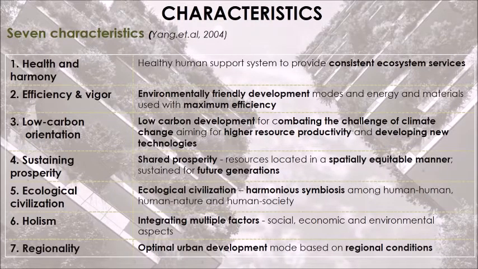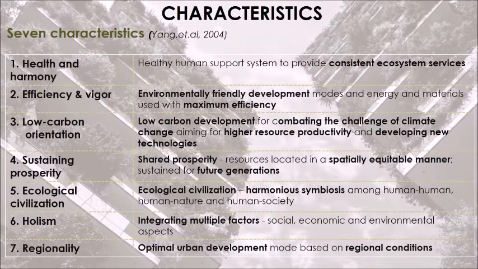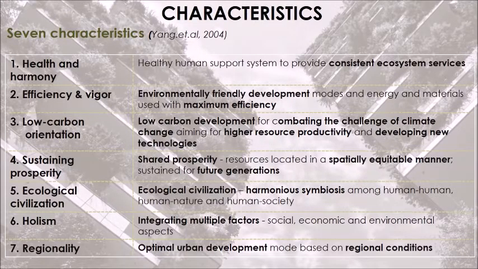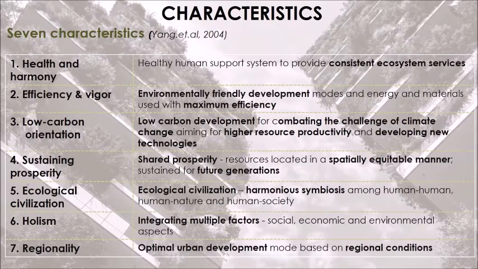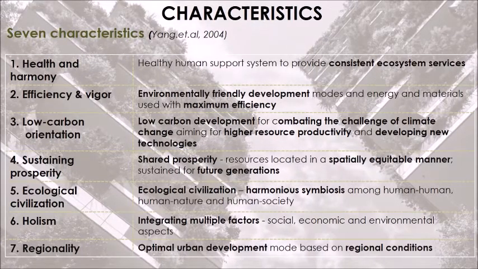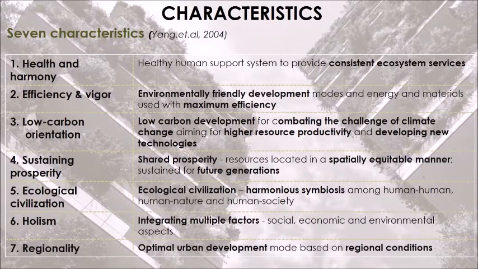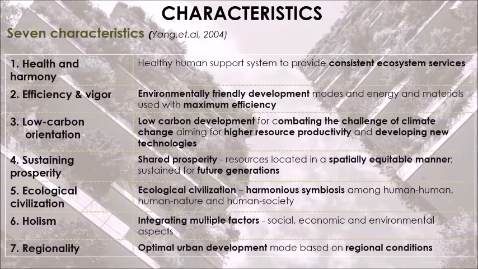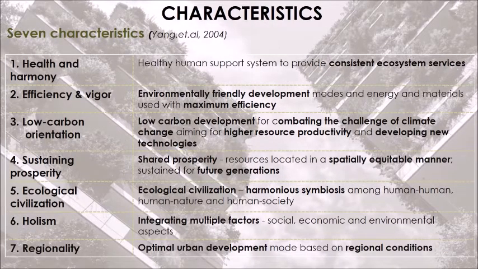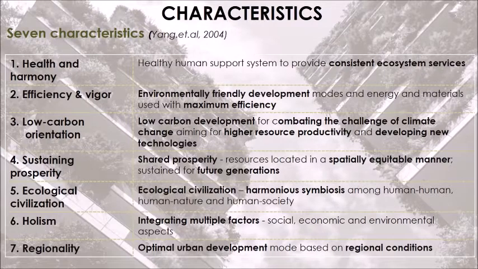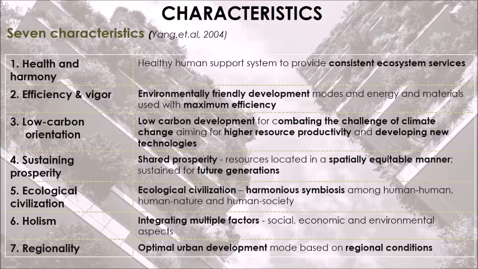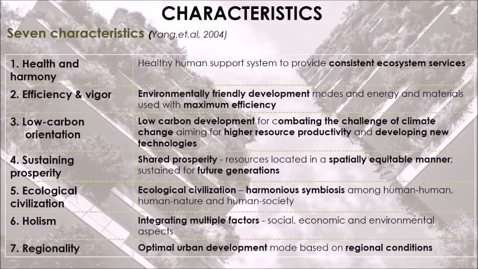The fourth is sustaining prosperity, that is shared prosperity, with resources located in a spatially equitable manner, sustained for future generations. The fifth is ecological civilization, that is harmonious symbiosis between human and human, between human and nature, and between human and society.